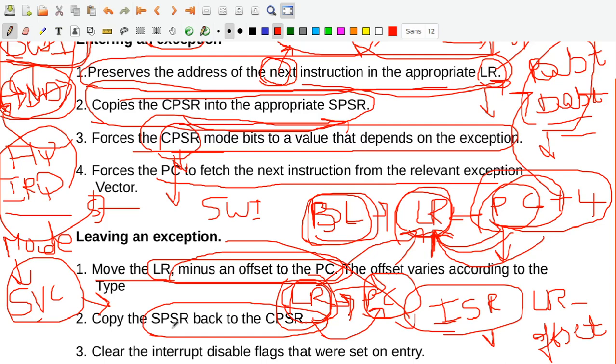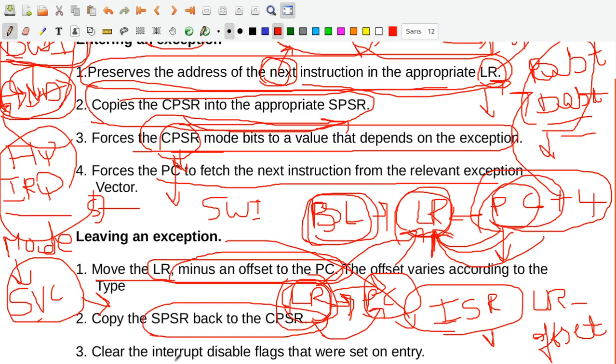The processor wants to remember what it wants to come back to: which mode you were in, or from which address you were executing a particular instruction. So the return address is stored in LR, and the mode is stored in SPSR, which will be copied back to CPSR.